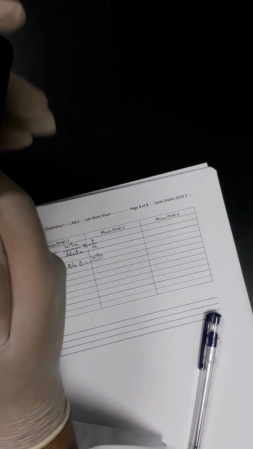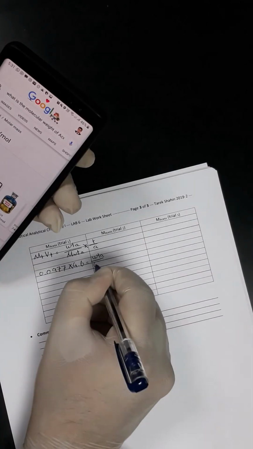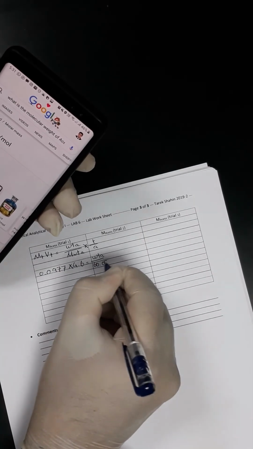Okay. What is the molecular weight of acetic acid? The molar mass of acetic acid is 60.05 grams per mole. Then I will multiply that by the stoichiometric factor of titrant over analyte, which is 1 by 1.